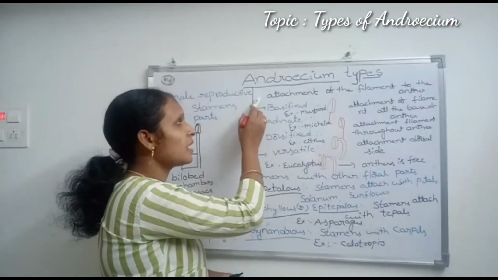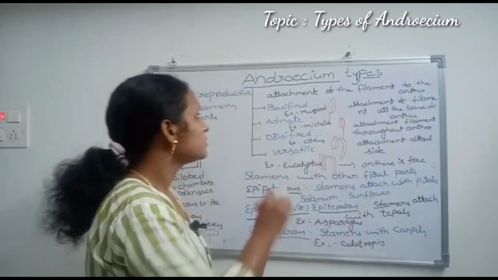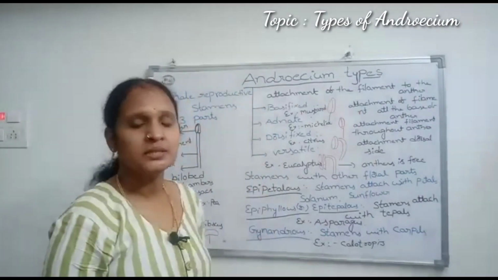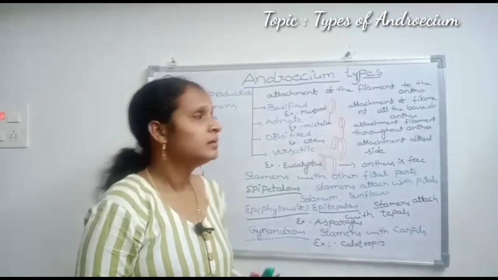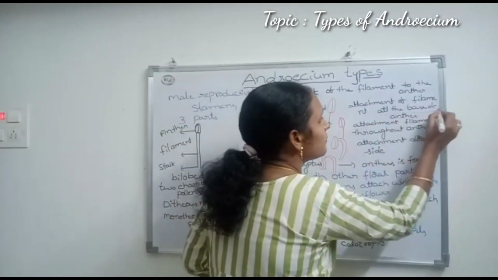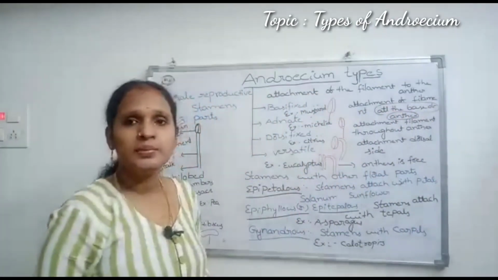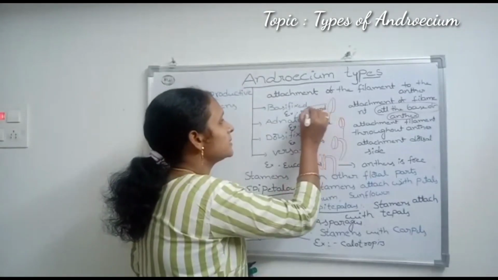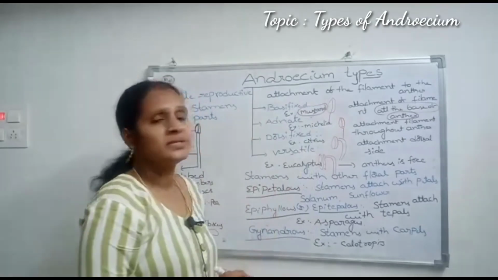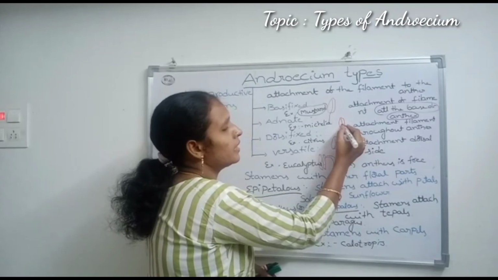Next, types of stamens by attachment of the filament to the anther. Basifixed means attachment of the filament at the base of the anther. Example of basifixed is mustard. Second, adnate: the filament runs throughout the anther.